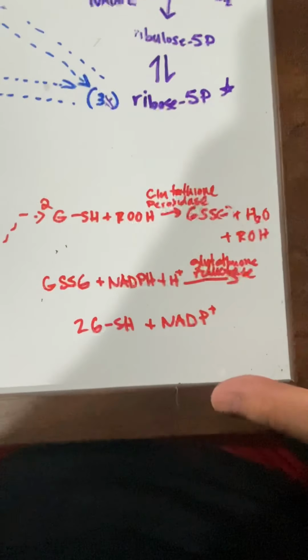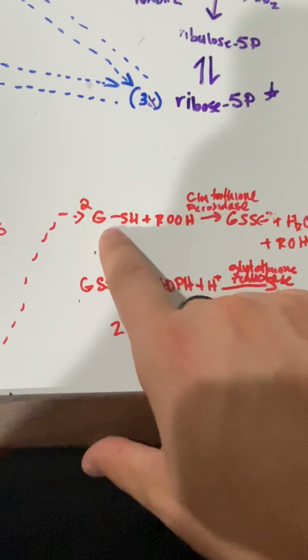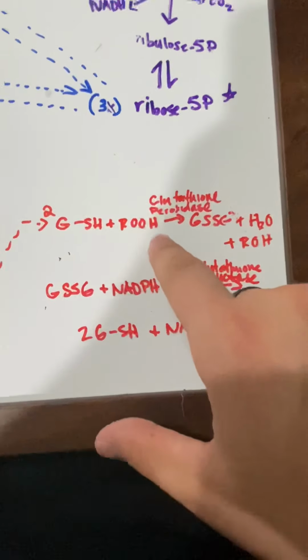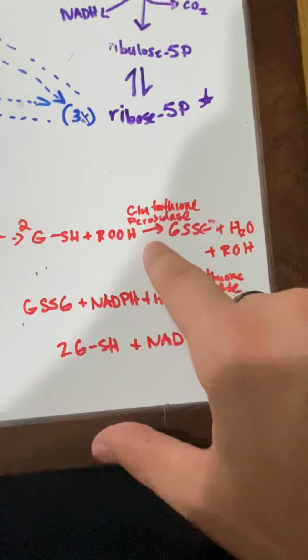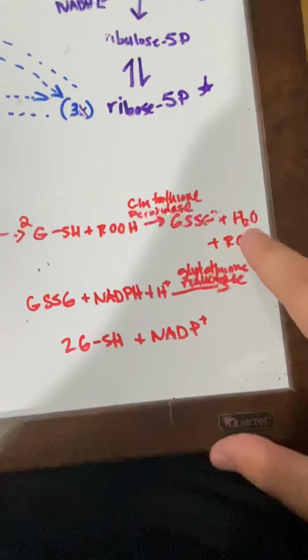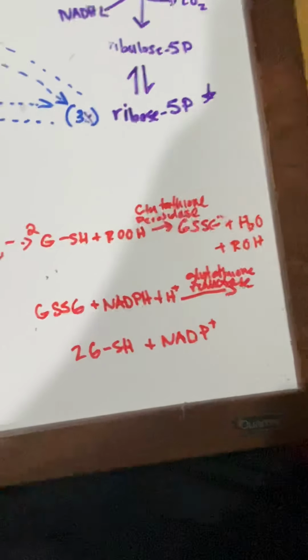And so the reaction that we need to know is we have this glutathione, and it reacts with a peroxy acid. So we have glutathione peroxidase, and we're left with GSSG, which we had mentioned down here. And we get left over with H2O and alcohol.